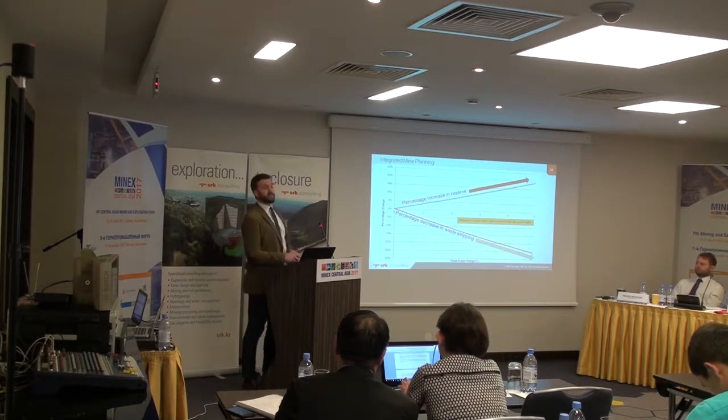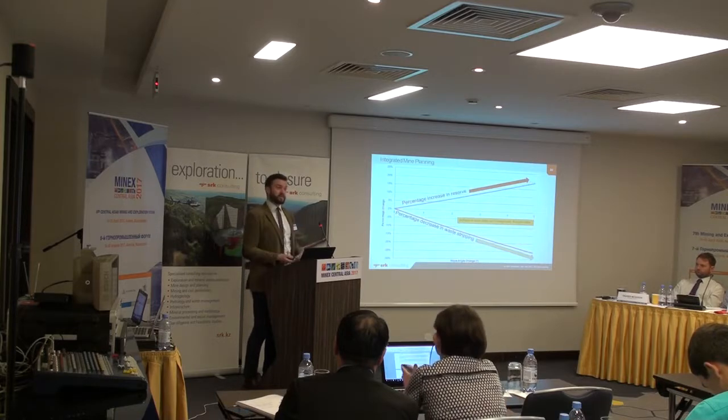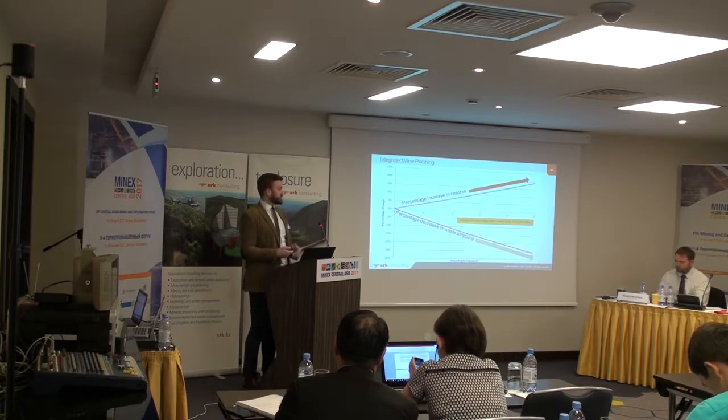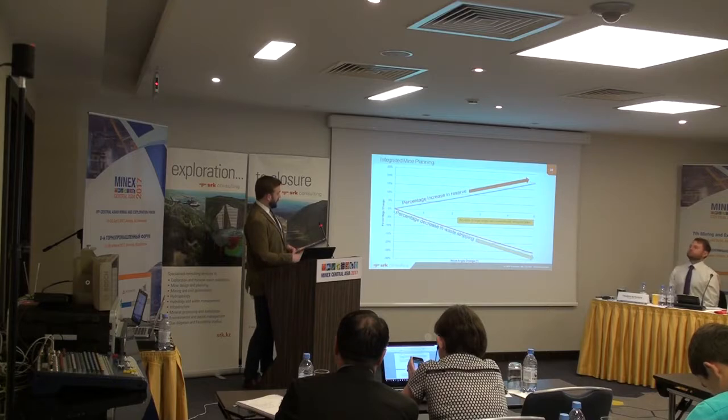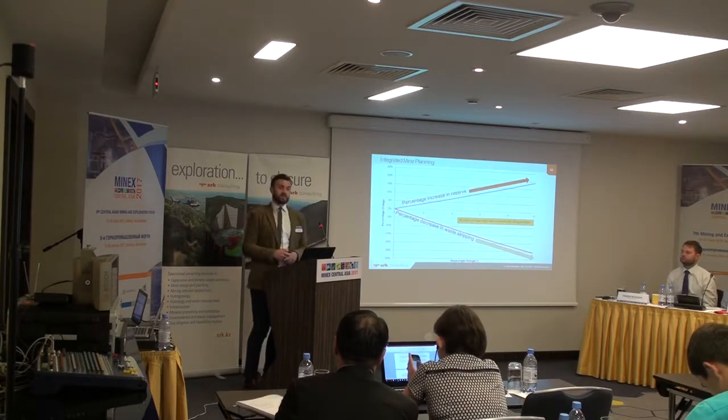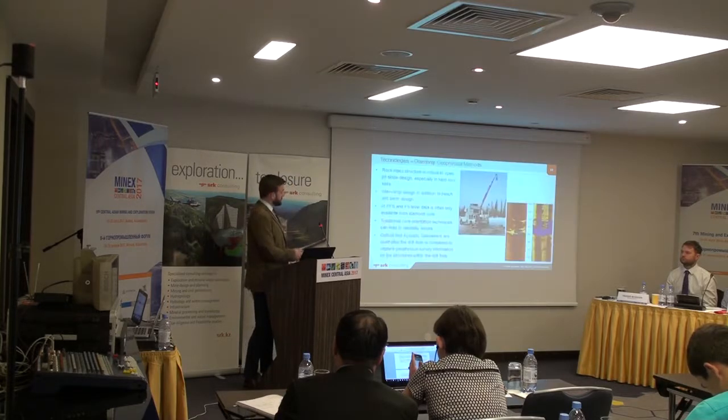So you only need to increase the overall slope angle from an appropriate integrated geotechnical and hydrogeological field study, and you can see the kind of savings you're going to have on your waste stripping and your reserve. So I've got a few technologies here.